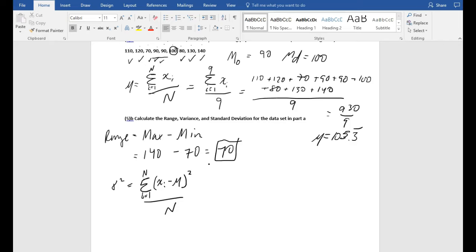If it was a sample, it would be little n minus 1. So this is the summation from i equals 1 to 9 of x sub i minus 103.3 repeating, squared, all over 9.